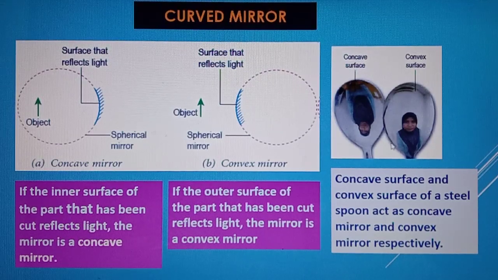And for the convex shape, which is curved outwards, this one will produce an image which is upright. So the characteristic you can observe from here already shows the difference between these two types of curved mirror, concave mirror and convex mirror. So we want to discuss more about the characteristic of image formed by these two types of mirror.